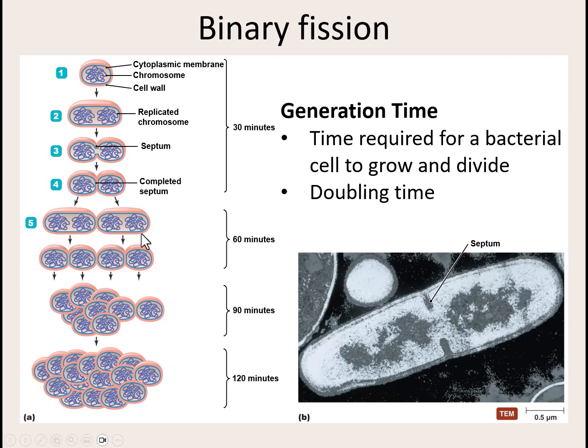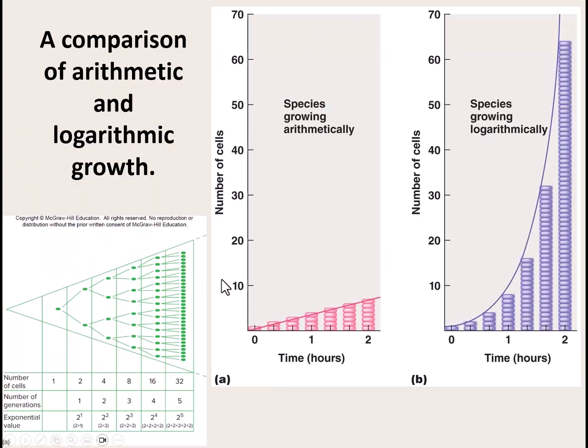This doubling every generation time is called logarithmic growth, where it's going to start real slow and then it's going to go real fast. Most organisms out in the world grow arithmetically, which is more just a slow, steady growth, not bacteria. You make them happy, they are going to grow very fast, constantly doubling.